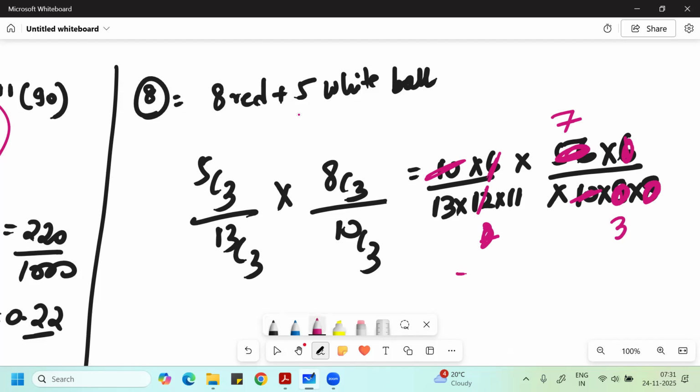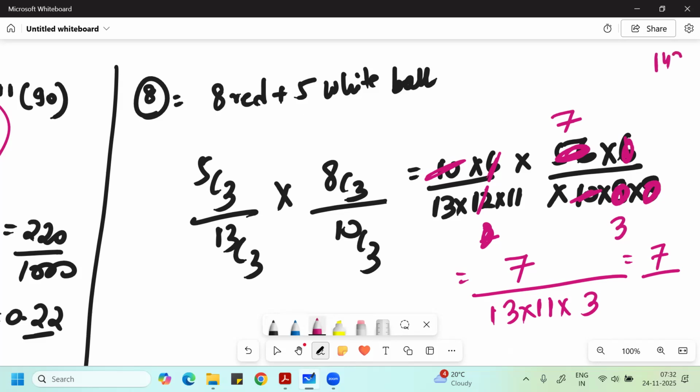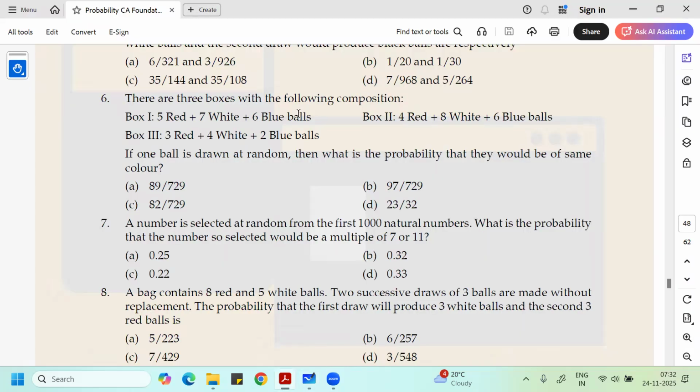So you are left with 7 in the numerator. Then you have 13 into 11 into 3. 13 into 11 is 143, into 3, it is 429. So 7 by 429. Option C.